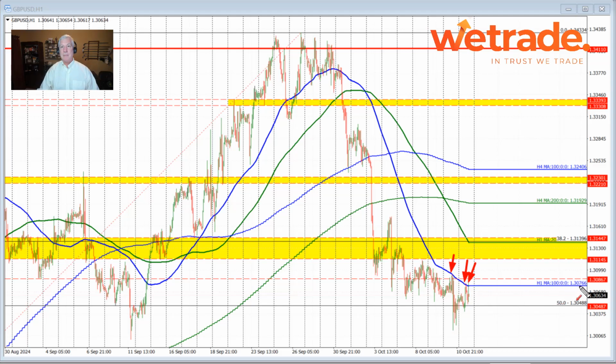So getting and staying above the 130.76 level would be somewhat at least bullish in the short term here, give the short-term buyers some hope that a rotation back to the upside is warranted. If it can't do that, then the sellers remain more in control. Getting below that 50% retracement level opens the door for further downside.